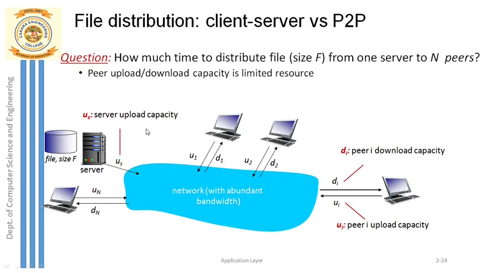Suppose I have a file F stored in a server, where F means the file has F bits. For example, a 1 GB file in a server. That 1 GB file should be sent to, suppose here, how many clients do I have? 1, 2, 3, 4. Total 4 clients.